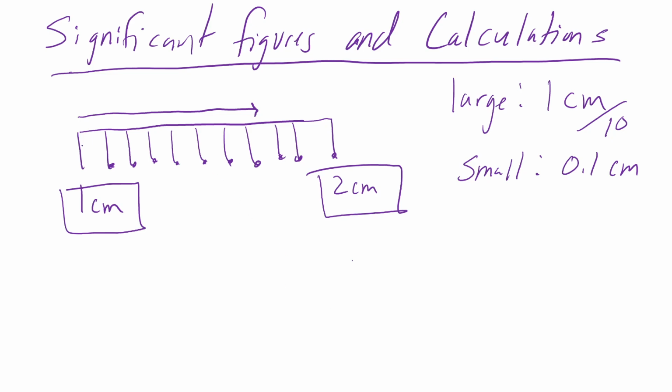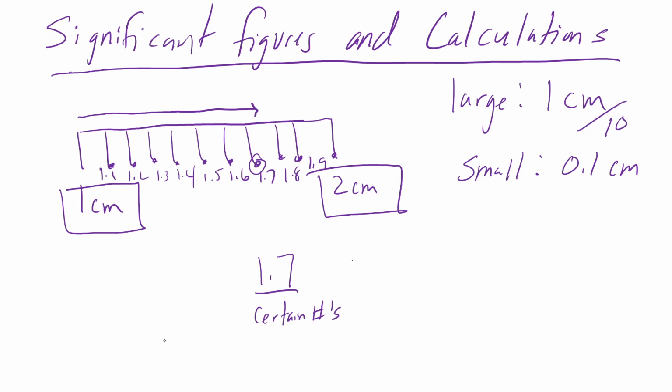So when we look at this, again, this would be 1.1, 1.2, 1.3, 1.4, 1.5, 1.6, 1.7, 1.8, 1.9. I'll squeeze it in there. And that means that when we look at my arrow where I drew, everybody should agree it is at least at the 1.7 marking, and that's what's considered your certain numbers.